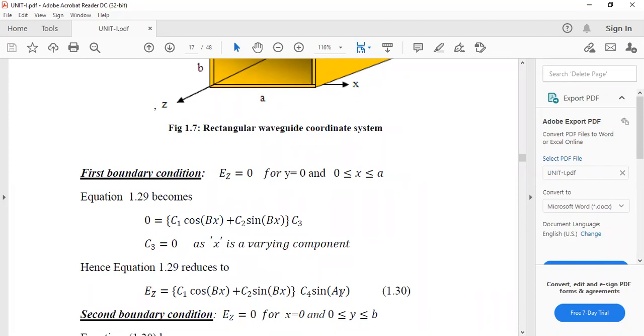What is the first boundary condition? For y equal to 0, Ez is 0. So we get C3 equal to 0, and by substituting that we eliminate one term. Now our equation becomes Ez equal to C1 cos Bx plus C2 sin Bx plus C4 sin Ay.